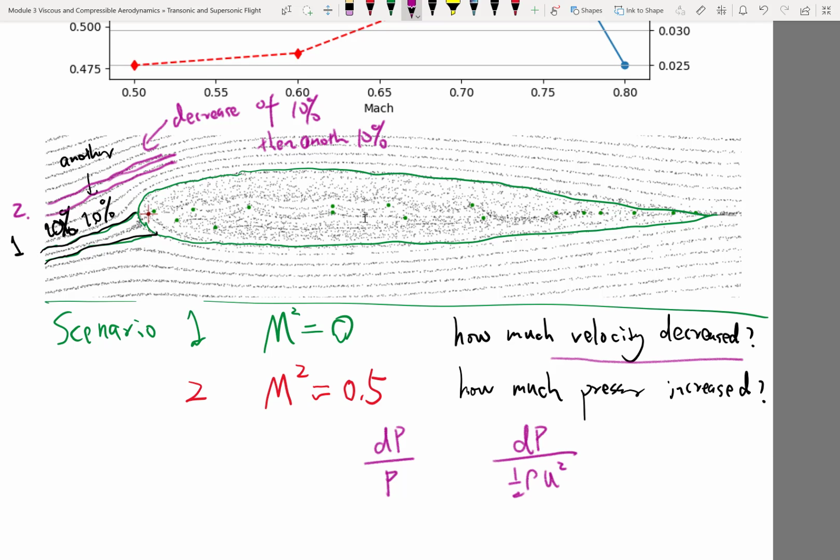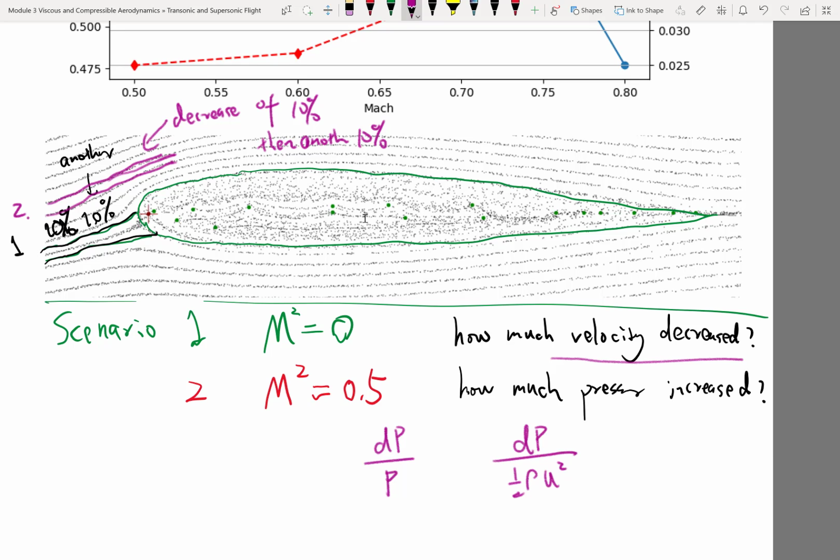For incompressible flow, the pressure coefficient at the stagnation point is by definition equal to 1, because the pressure coefficient is defined relative to half of rho u squared, and for incompressible flow we have the incompressible Bernoulli. But for compressible flow, the pressure coefficient is going to be greater than 1 at the stagnation point. And also, the pressure coefficient on top of the airfoil would be more negative than for an incompressible flow.